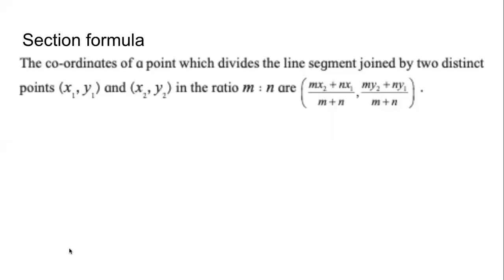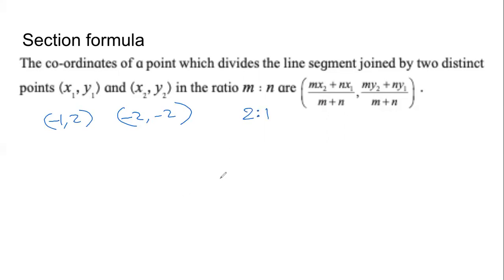Now, suppose I tell you that we have the same 2 points. What are the 2 points? I don't even remember now. I think it was (-1, 2) and (-2, -2). And there is a point which divides the line segment joining these 2 points in the ratio 2:1.